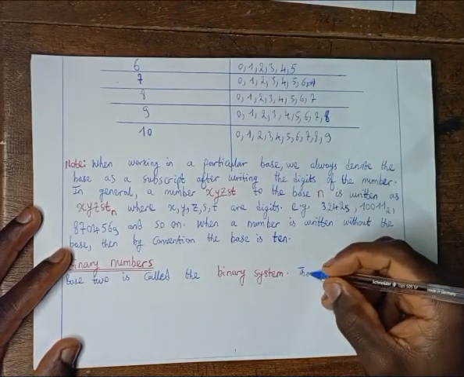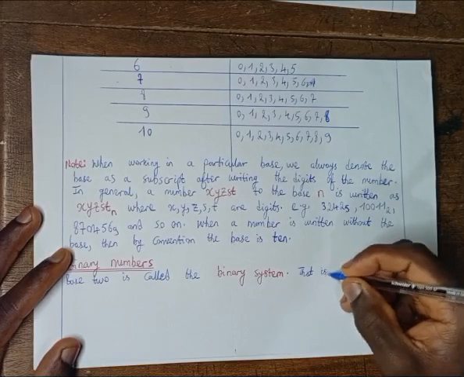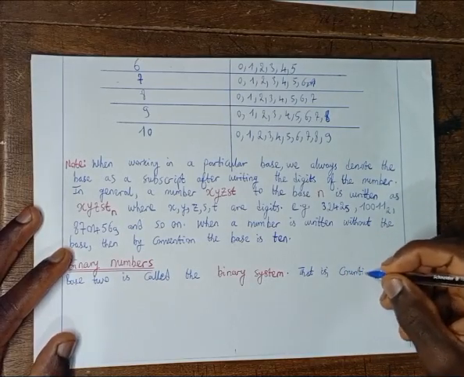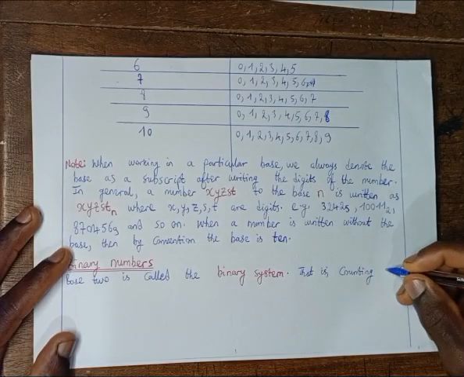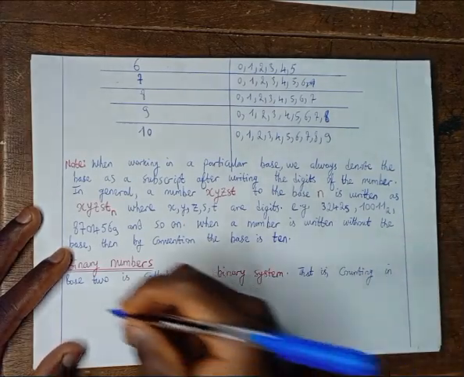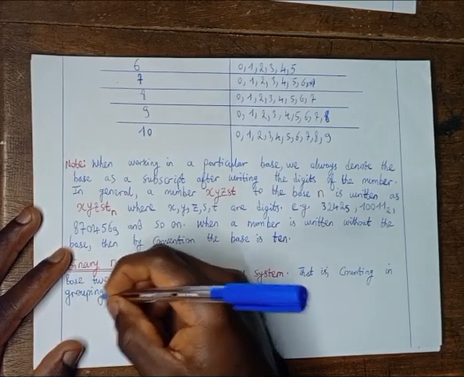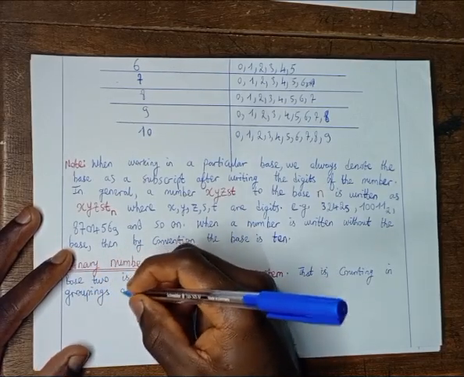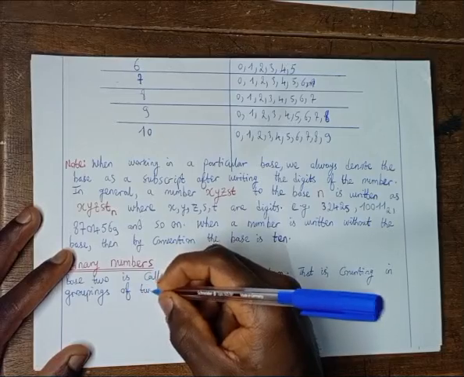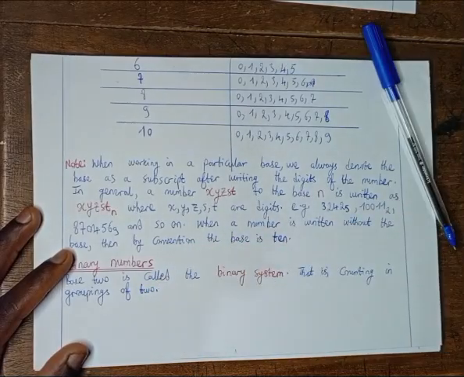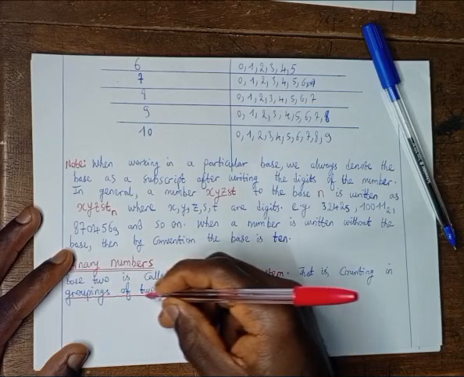That is, in this case, the counting is done in groupings of 2. Underline groupings of 2.